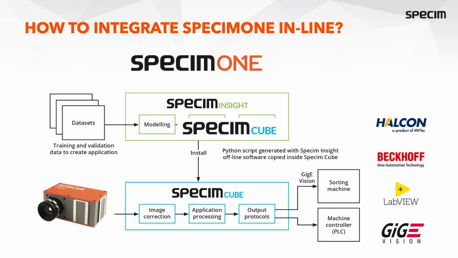There you can process in real time, interpreting the spectra acquired by the camera into classes or into quantitative variables. The output format is GigaVision, but we also have our UDP protocol. The good thing with GigaVision is that it is already compatible with many partners and industrial platforms used for that purpose.